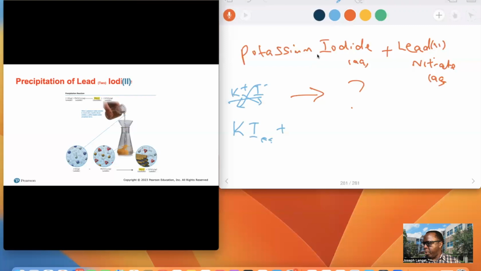Plus lead 2. If you look at this, lead 2 ion is Pb2 positive and nitrate is NO3 negative. So these two ions here will form Pb(NO3)2, and it is aqueous.